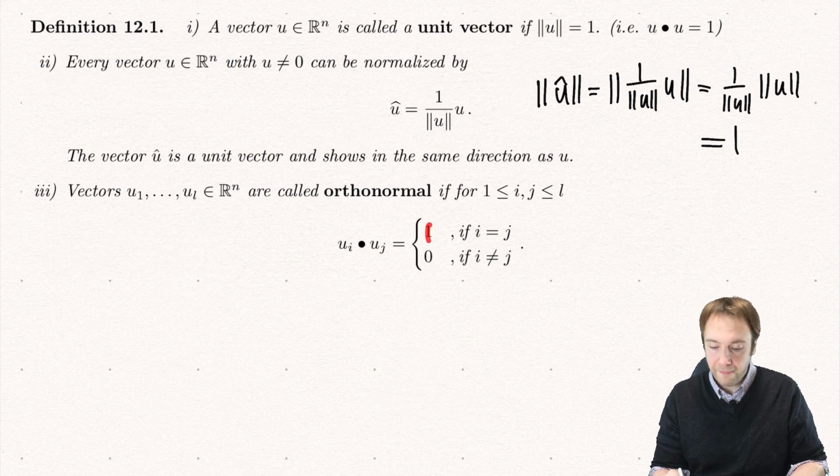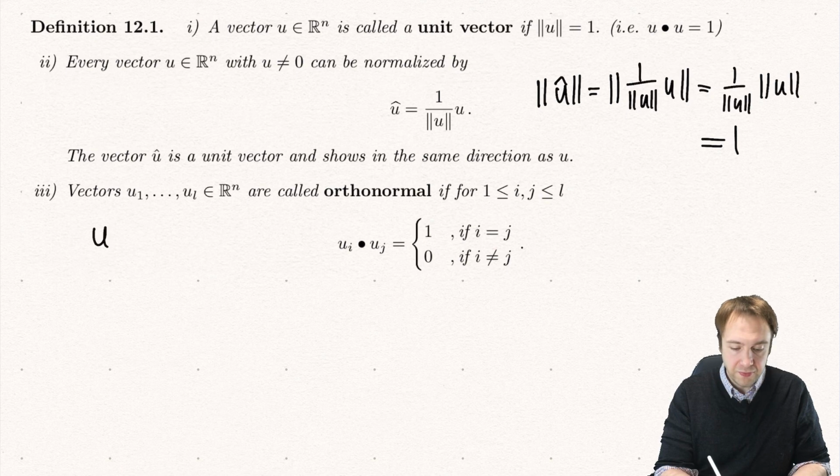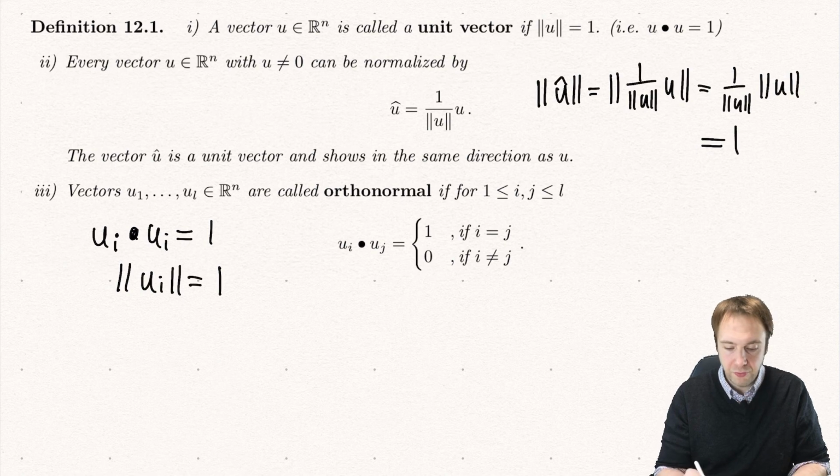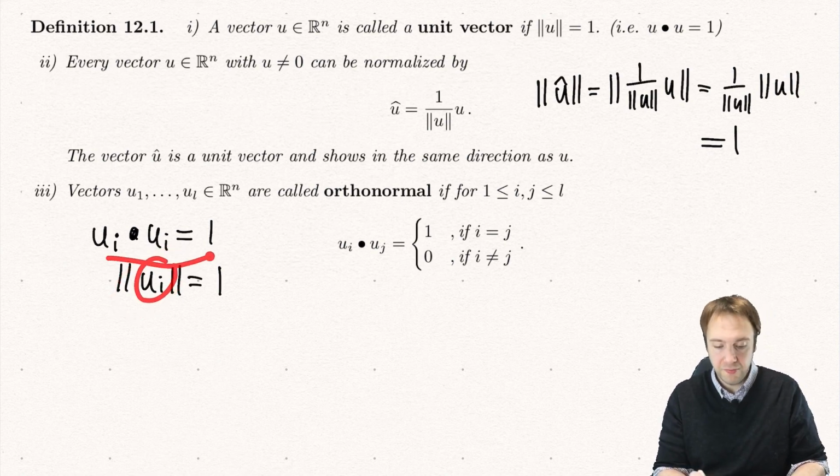It is 1 if i equals j, so this just means that for each of these, ui dot product ui is 1. So in other words, this just means that the norm of this is just 1, because the norm of this is given by the square root of the dot product of this with itself.